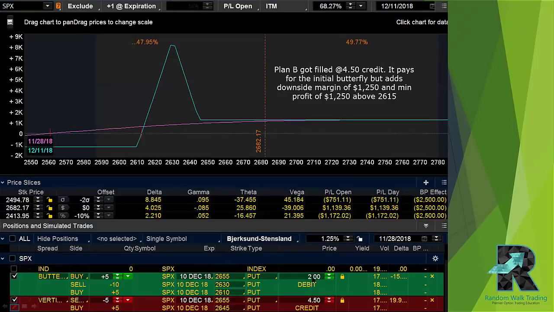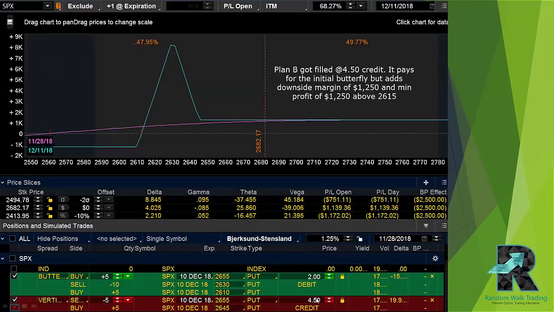Obviously, if I spend $1,000 on the first one and I sell 5 contracts at $4.50, that's $2,250 I collect, which gives me at least a min profit of $12.50 if we're above $26.15. And my max margin on the downside here is also $12.50. So if we get below $26.15, I do have risk, but I've locked in some profits here. I've paid for the initial trade.